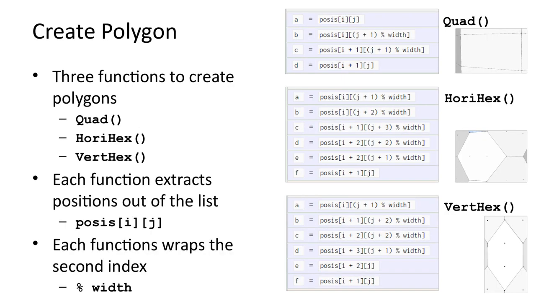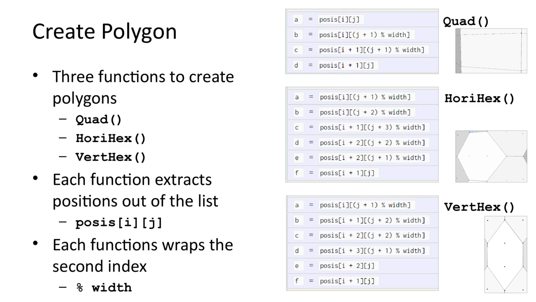We have 3 different functions for creating polygons: a quad with 4 positions, and 2 types of hexagons, each with 6 positions. In each case, the function is given the coordinates of the bottom left corner in the grid of positions. These coordinates are the variables i and j. The variable i selects the ring, and variable j selects the position in the ring.